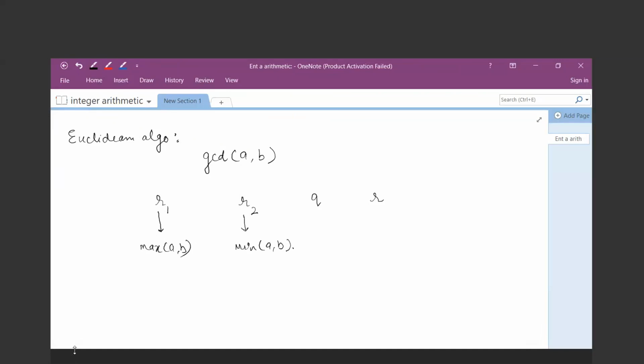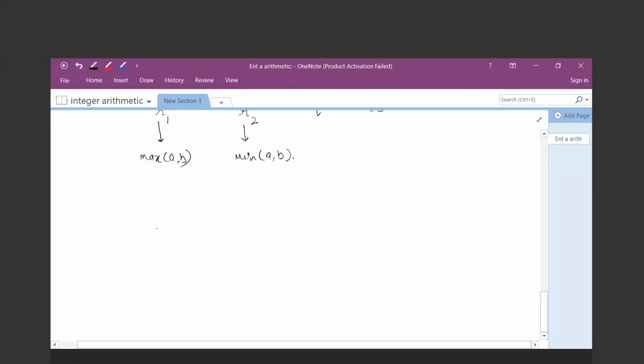Let me write the algorithm first, then I will explain how to solve a particular problem using this algorithm. The value of A should be assigned to R1, the value of B should be assigned to R2, and we assume that A is greater than B. Now we run our pseudocode until R2 is greater than 0.